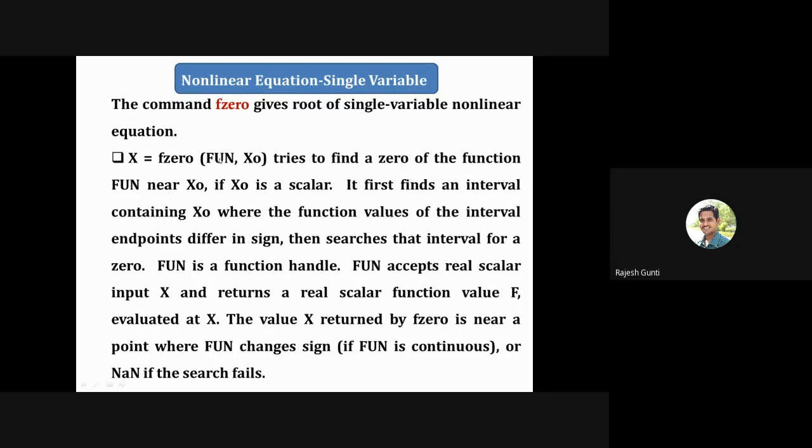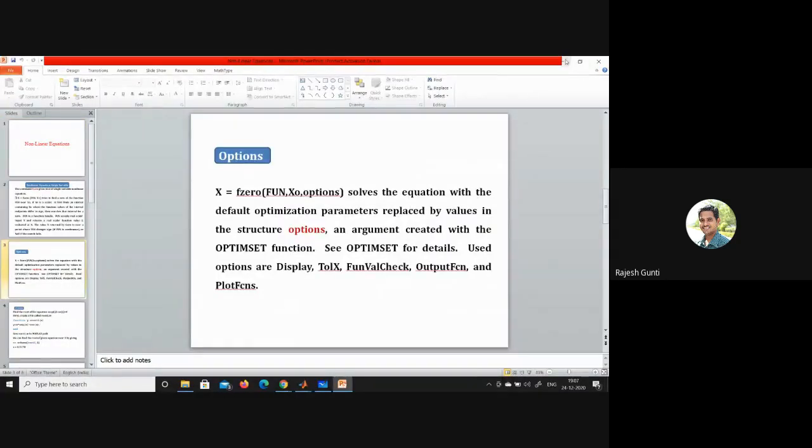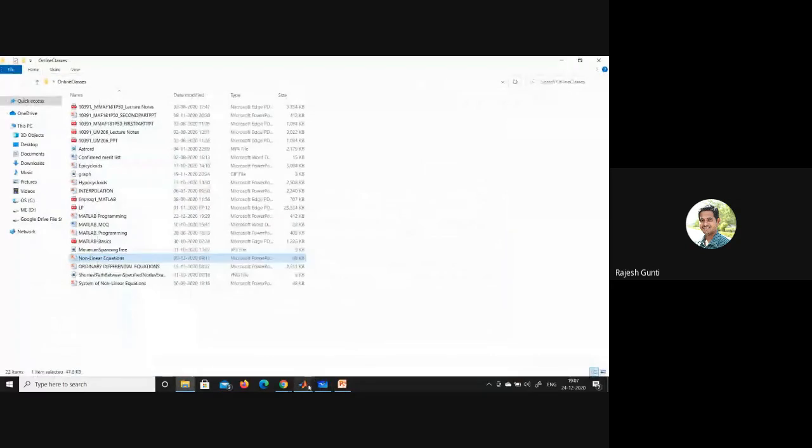Here also, same as ODE 45, we have to create one M file and write that nonlinear equation in the M file. That function, that M file, we have to call here.